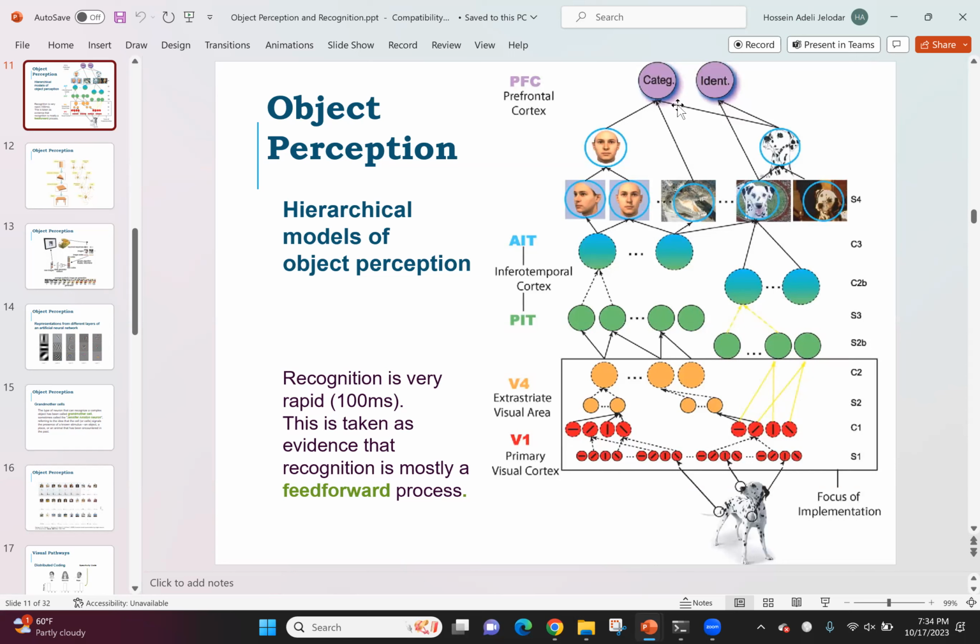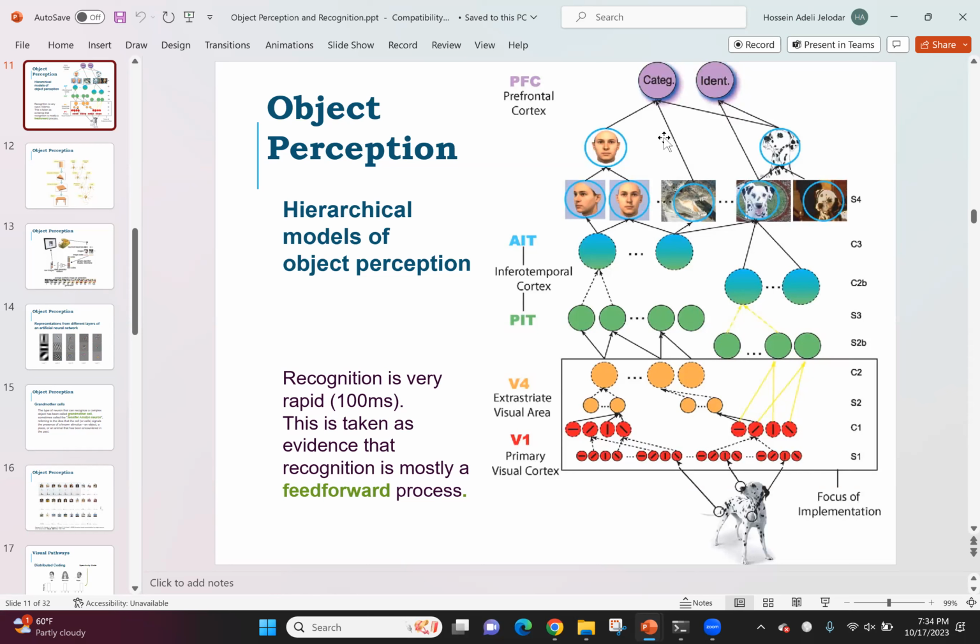And again, what is the difference between categorization and identification? Well, categorization is about saying, this is a dog. Identification is about saying, this is my dog, right? Or this is my friend's dog, right? So it's more specific than that.